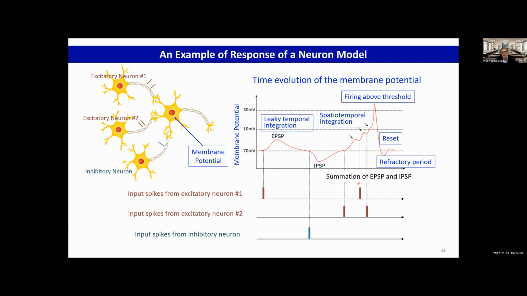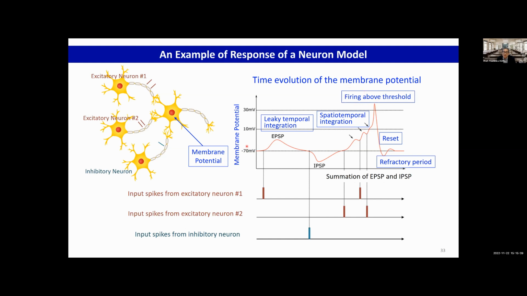And if we have several spikes from different neurons here, then the membrane potential goes up and is integrated. So this is a spatial temporal integration of the spikes. And if the membrane potential crosses some threshold, this gives the high voltage action potential, which is called firing.